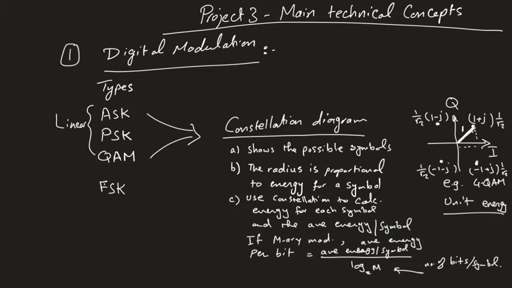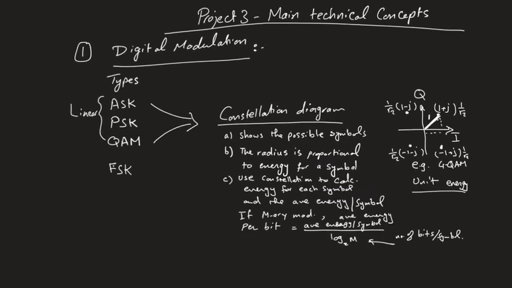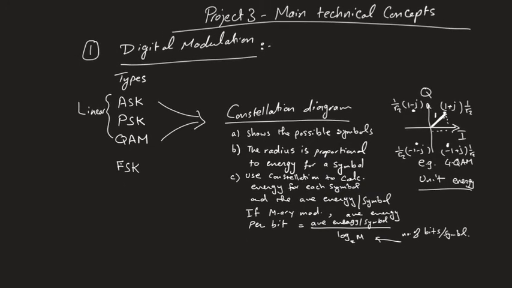Another important thing which is addressed as well in the constellation diagram is the definition of symbol detection regions.